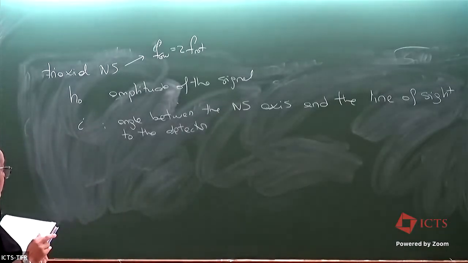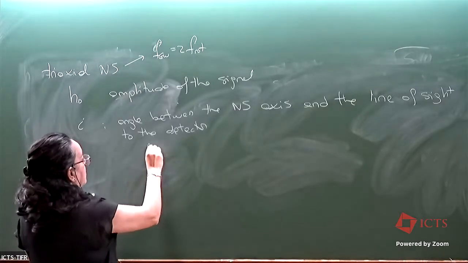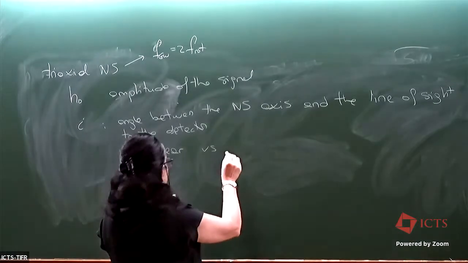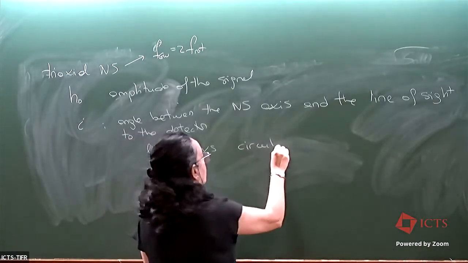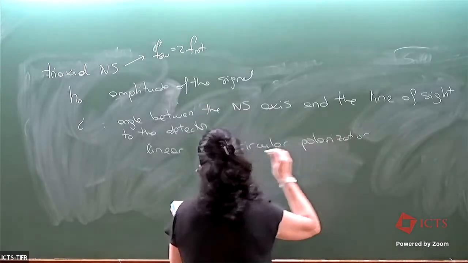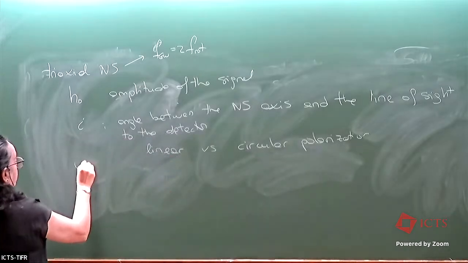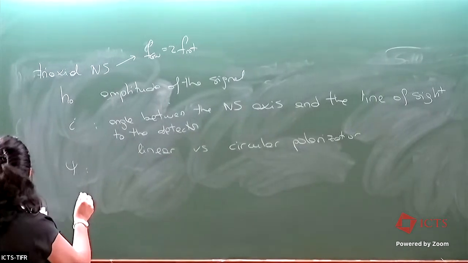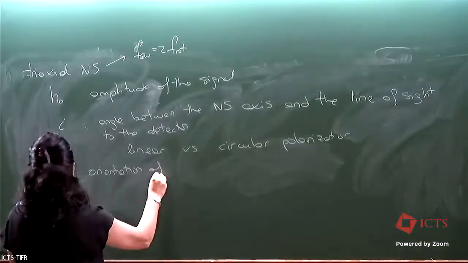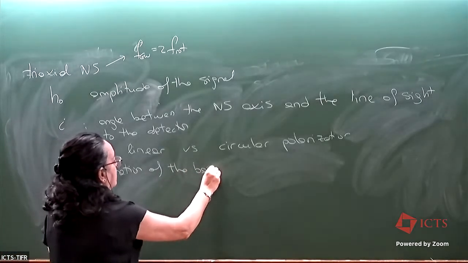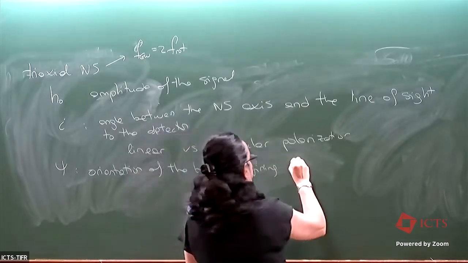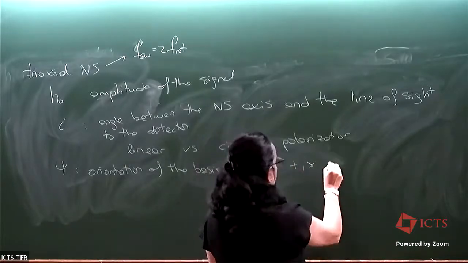So basically, this is the angle that controls linear versus circular polarization of the wave. Then we have the polarization angle, that is the orientation of the bases that are defining the plus and the cross gravitational wave polarization.